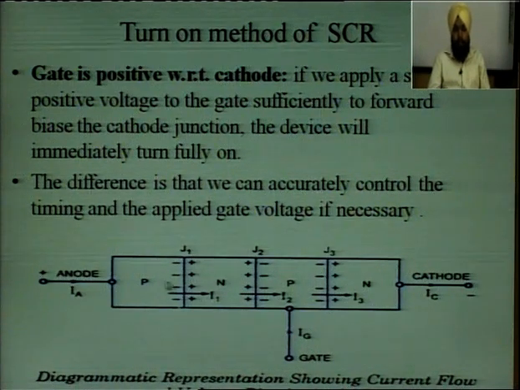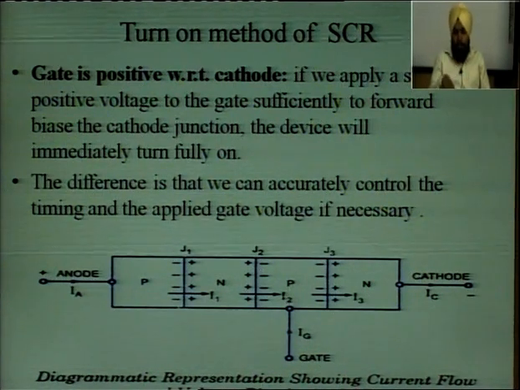So, current will cross from J1 to J2 to J3 and back to the cathode. So, the gate current actually lowers the forward breakover voltage level.